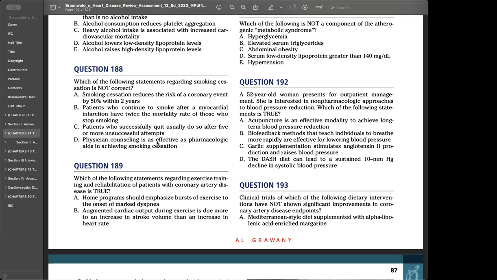So this is a true statement, so that will be false. Option B, patients who continue to smoke after a myocardial infarction have twice the mortality rate of those who stop smoking. Sorry, I'll come back to that. Option C, patients who successfully quit usually do so after 5 or more unsuccessful attempts.